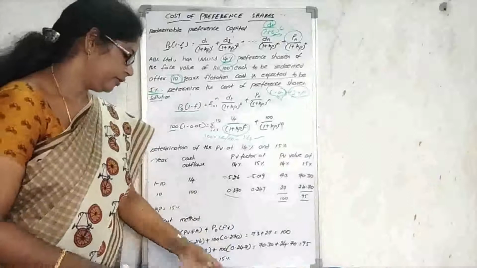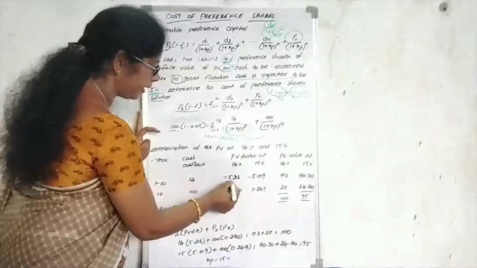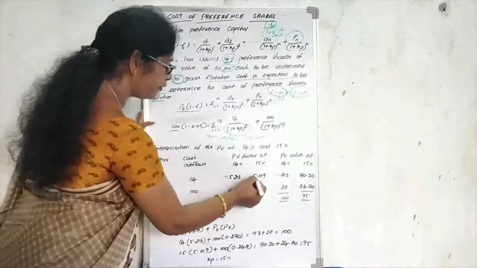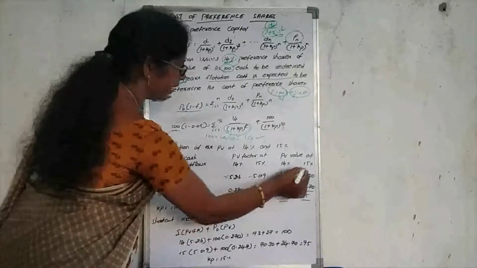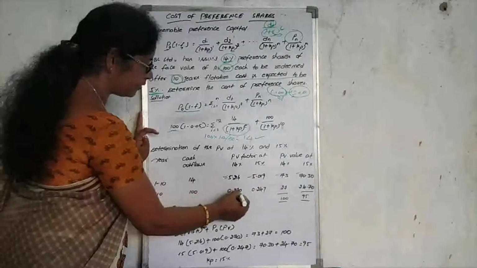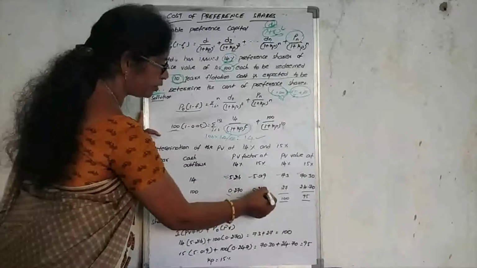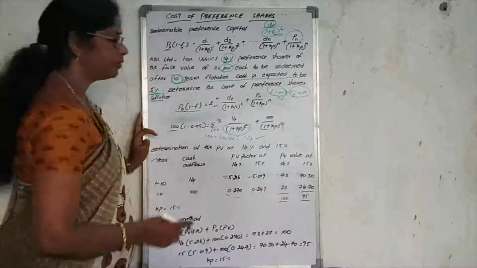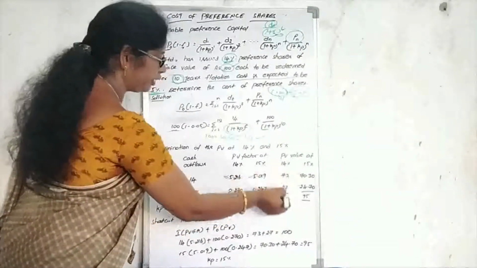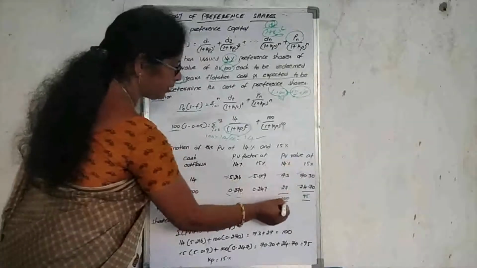Okay. We are going to calculate 14 rupees into 5.216, and 14 rupees into 5.019. And here 100 rupees into 0.270, and 100 rupees into 0.247, that is 24.70. When I add the total values at the 14% PV factor, we get 100 rupees.